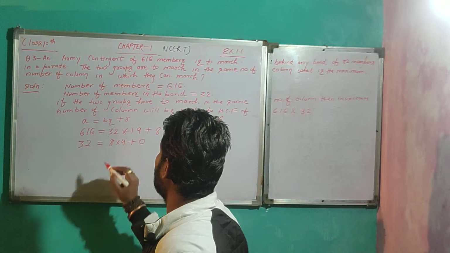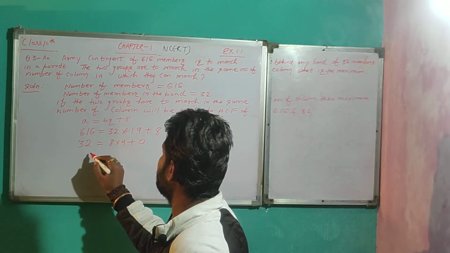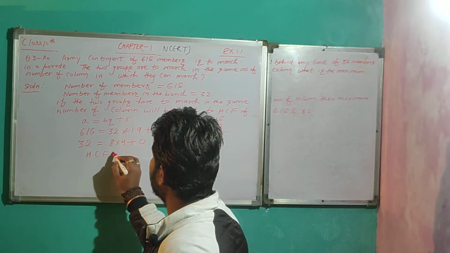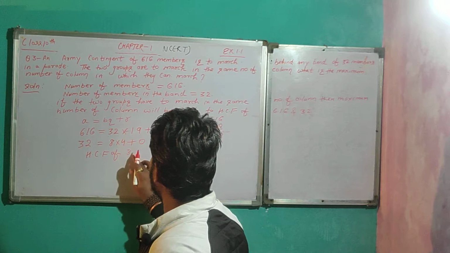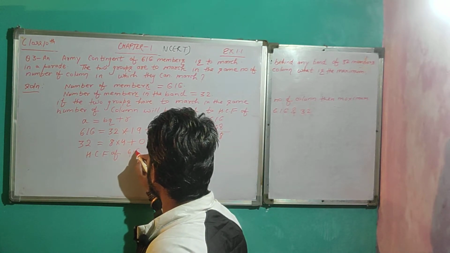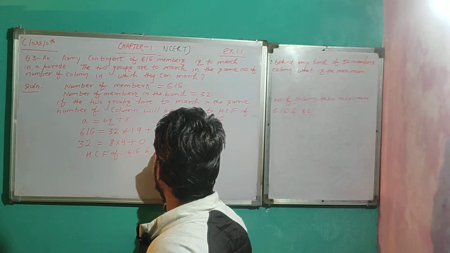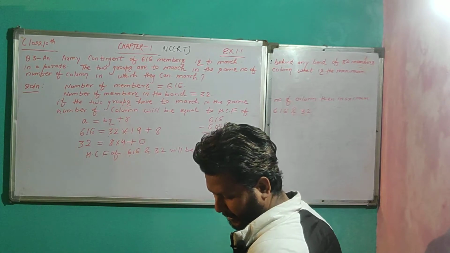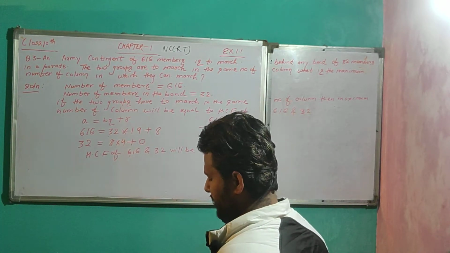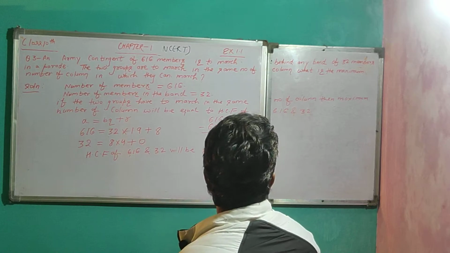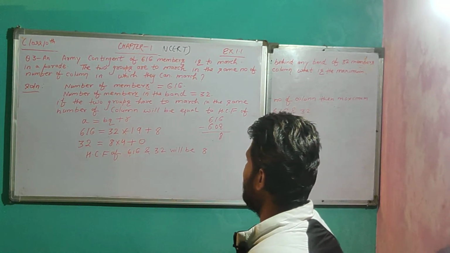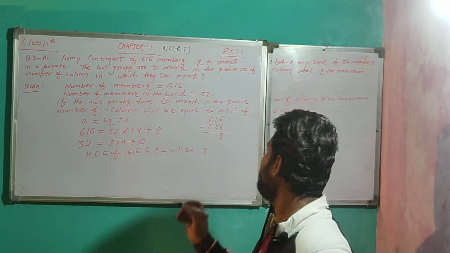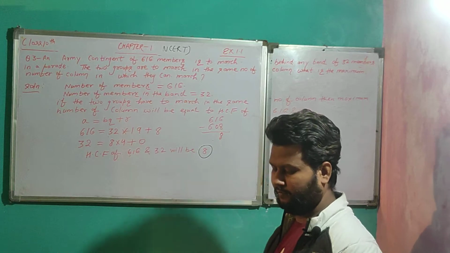The remainder is 0. 8 fours are 32. Remainder is 0. Okay. So the HCF of 616 and 32 will be 8. So the maximum number of columns in which they can march will be 8. Okay.